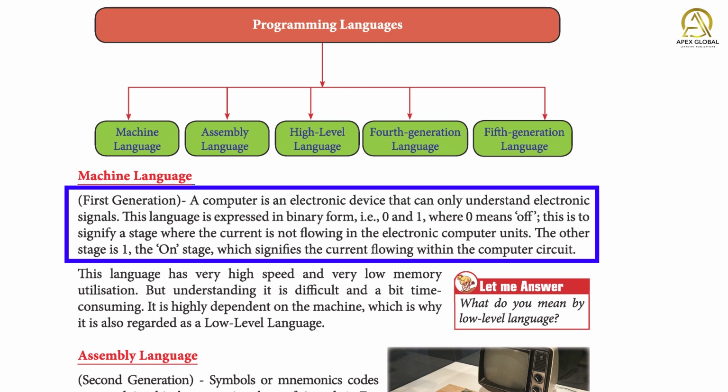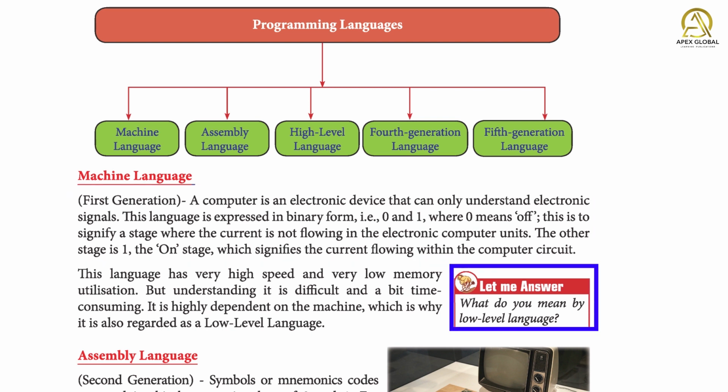This language is expressed in binary form, 0 and 1, where 0 means off. This is to signify a stage where the current is not flowing in the electronic computer units. The other stage is 1, the on stage, which signifies the current flowing within the computer circuit.